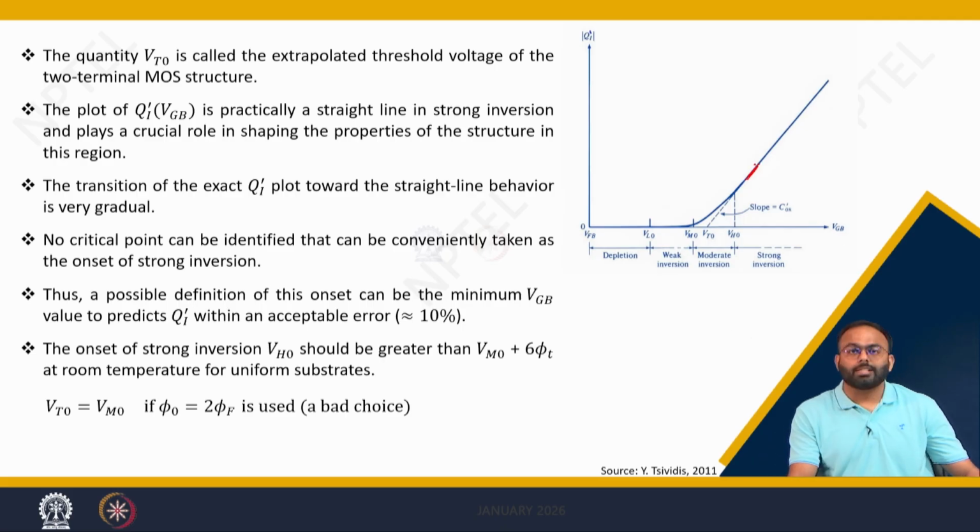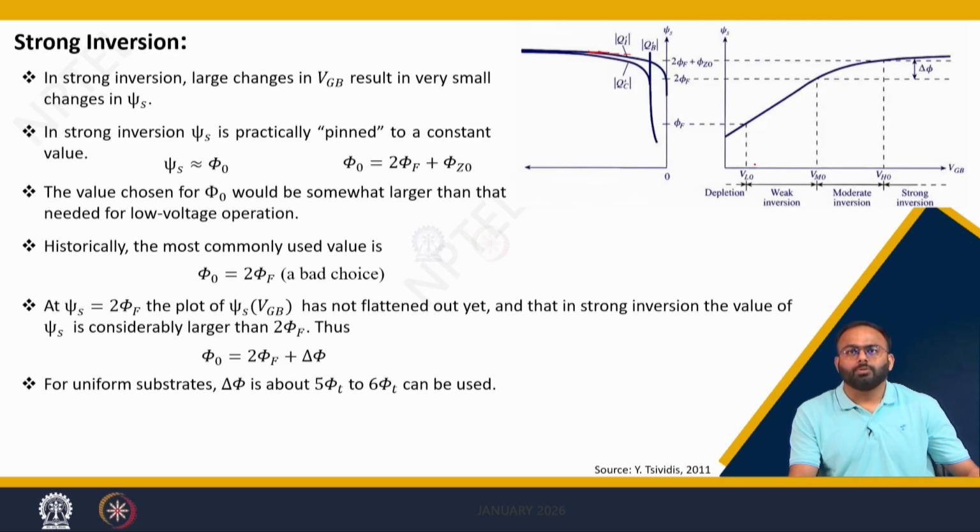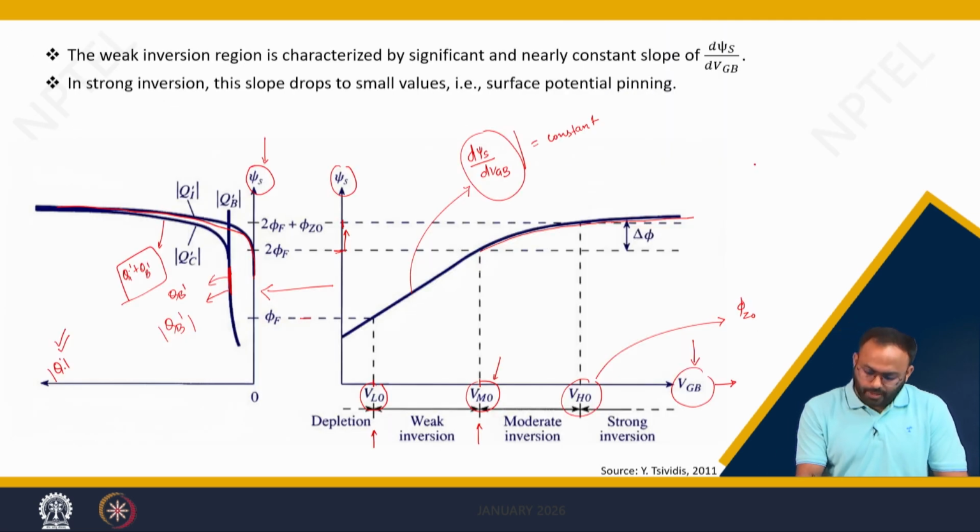So, you have two classifications. One tells you that weak inversion is classified when the surface potential and VGB graph is almost linear, and the other is when charge versus VGB or charge versus psi s graph is almost linear. So, this is strong inversion and this is weak inversion.